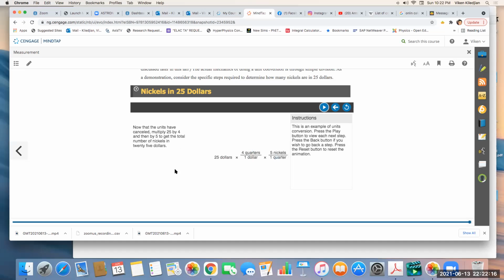Then you multiply 25 times 4, 100, times 5. So $25 will be equal to 500 nickels. You always put on the bottom of the fraction the unit that you want to cancel. So this cancels with that, and then you put the quarter here on the bottom so that this will cancel with that.